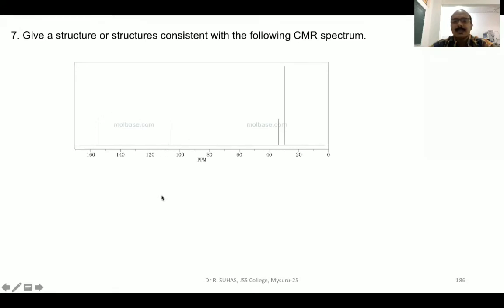There should be CH double bond CH, and there should be CH3, and this CH3 should be in very high intensity. So there could be a tertiary butyl group, and this may be a CH or just a C. So based on that, you can say that this is the formula that fits into this spectrum. This is 3,3-dimethyl 1-butene.